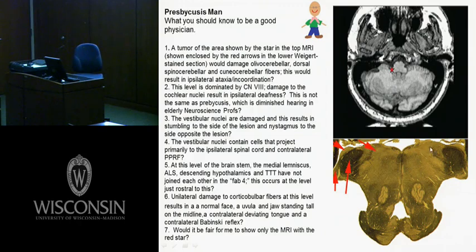This one's going to work, and it's going to go over to the PPRF on the right side and push my eyes slowly to the right, snap back left. So you're going to stumble to the right and have a nystagmus to the left. I could ask you where these terminate. You could say down the spinal cord, vestibulospinal tracts, or you could tell me they go to the opposite PPRF.